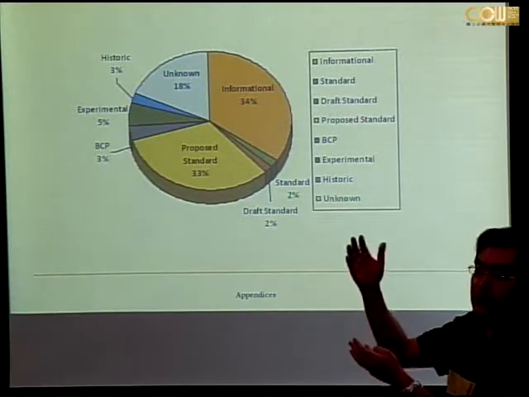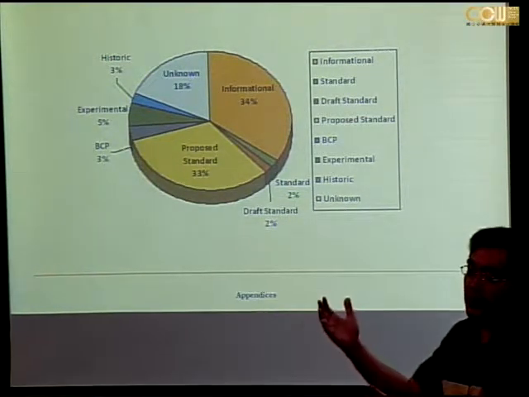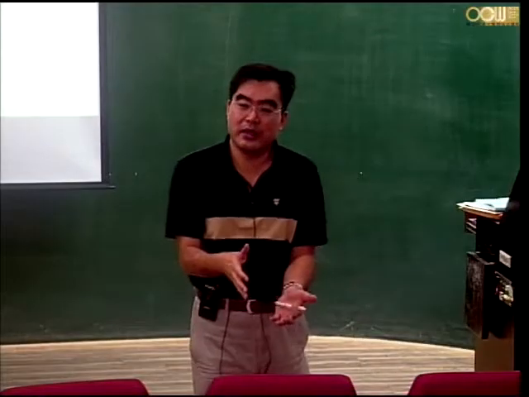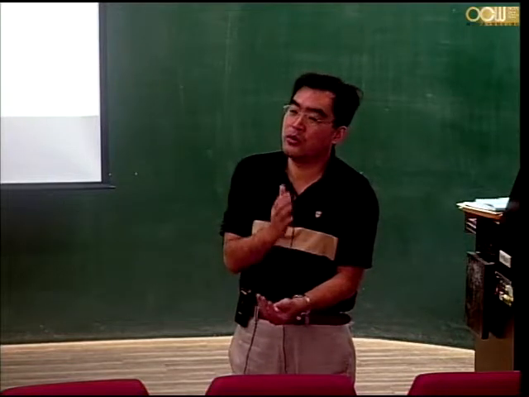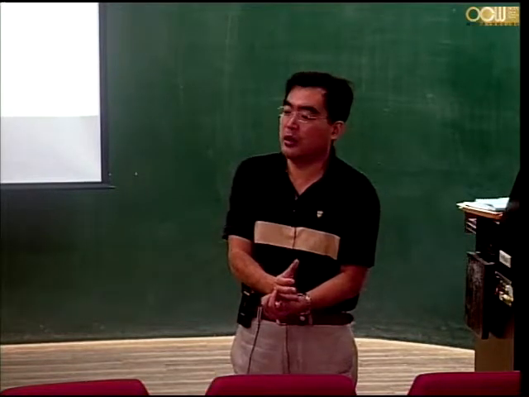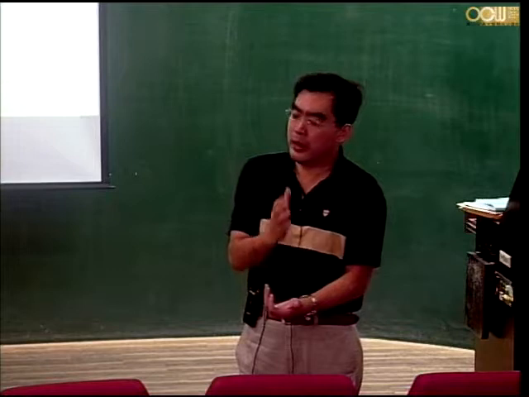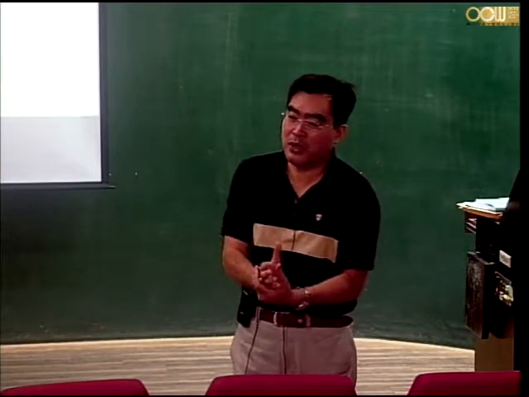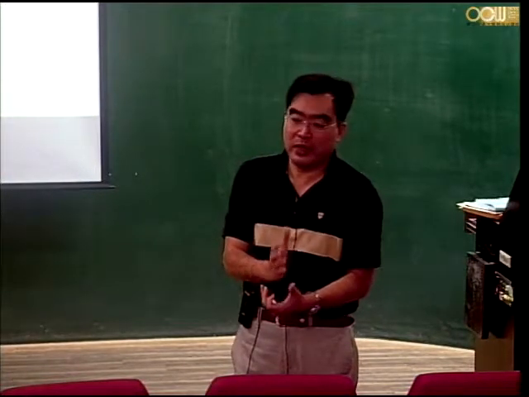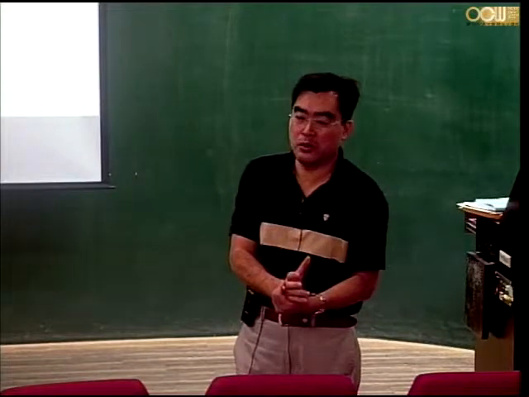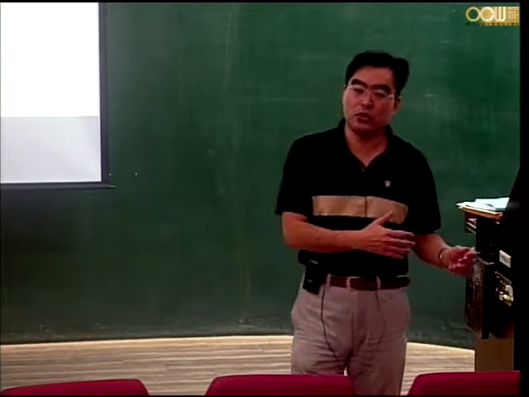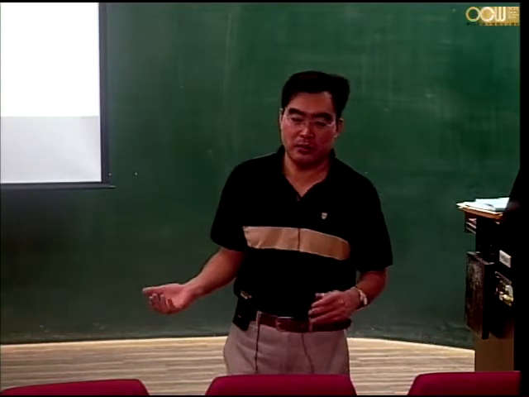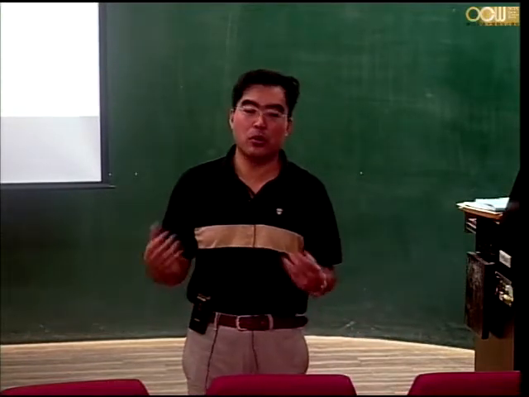Then immediately you cut to 1/3, from almost 6,000 to less than 2,000. So you still have almost 2,000 RFCs describing the protocols. But again, we have less than 100 protocols in use. So that's still a factor of 20 times or 30 times.